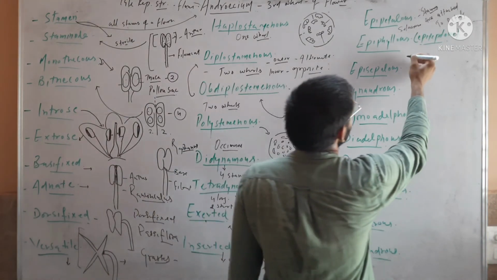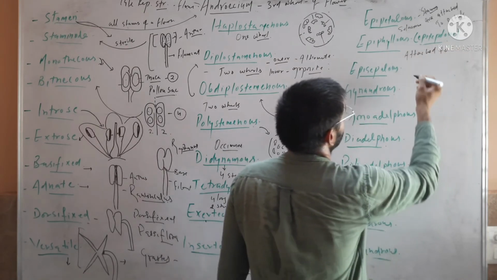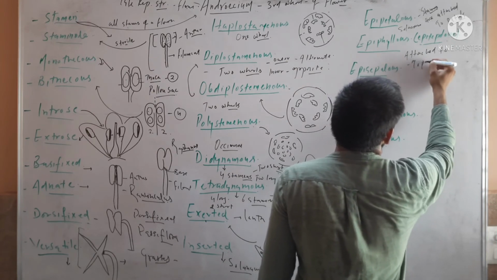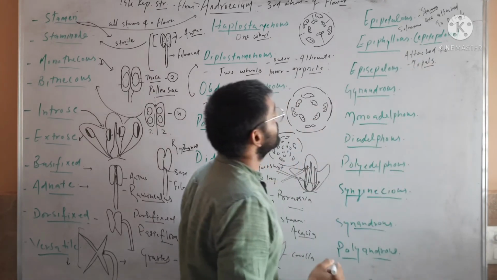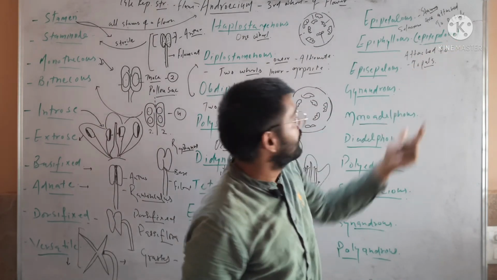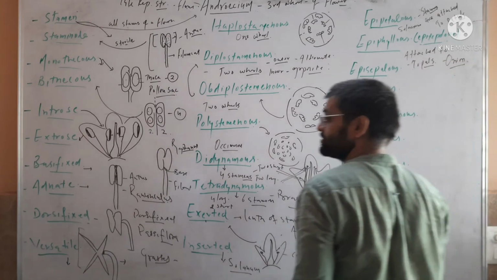Epiphyllous. When stamens are attached to tepals, then this condition is called epiphyllous, and it can also be called epitepalous. This condition is found in onion, in Liliaceae family.